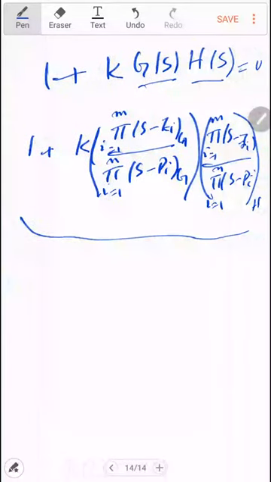Now let us make this one equal to 0, because in the above equation this is equal to 0, and let us simplify it.